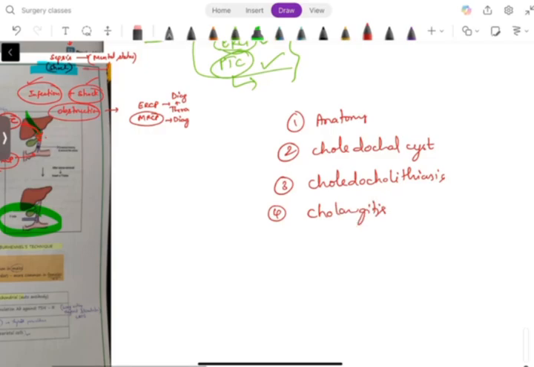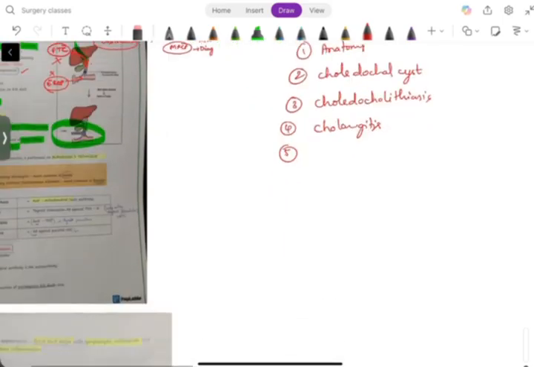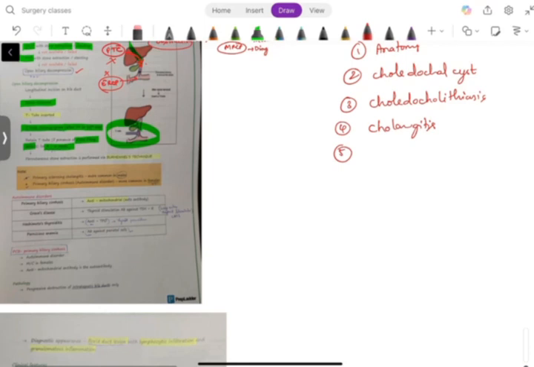Okay, so now coming to the last pathology regarding bile duct part 1, that is primary biliary cirrhosis.